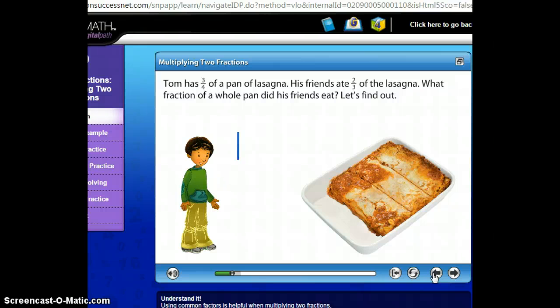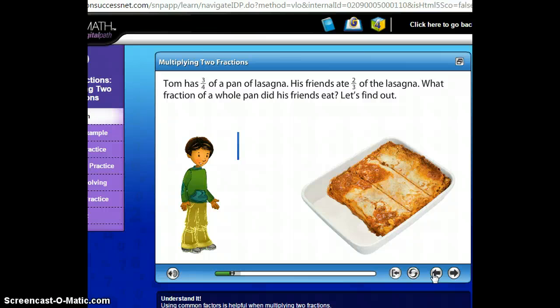Look, this is what he has. He has 3/4 of a pan. Did he even start out with the whole lasagna? No, they didn't even have the whole lasagna. And then they ate 2/3 of that. So your answer is not going to be more than 1 whole lasagna because you didn't even have a whole to start out with. Look at the whole pan divided into fourths, and here's the 3/4.